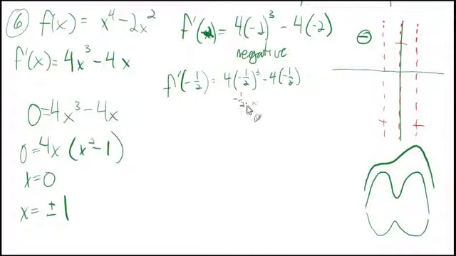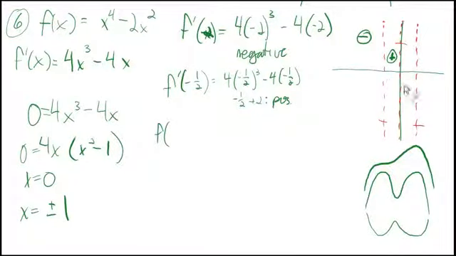And this is, let's see, 4 times negative 1/2 is negative 2 times a negative, so positive 2. This is positive. So here we have a positive slope.